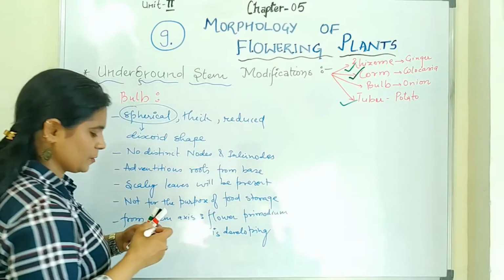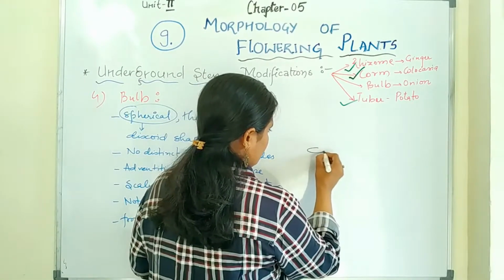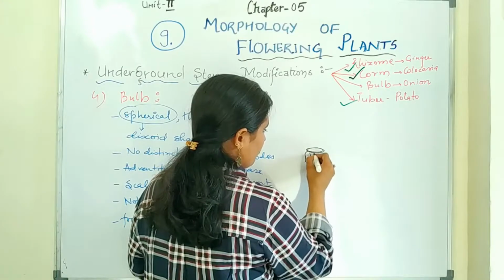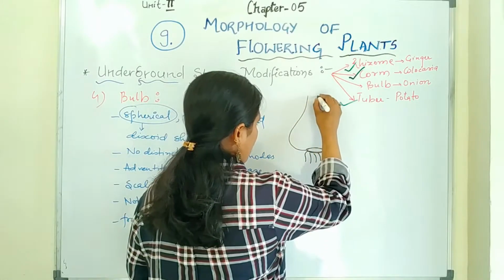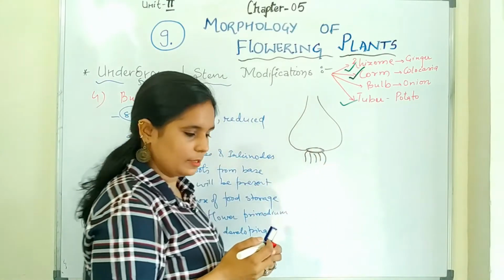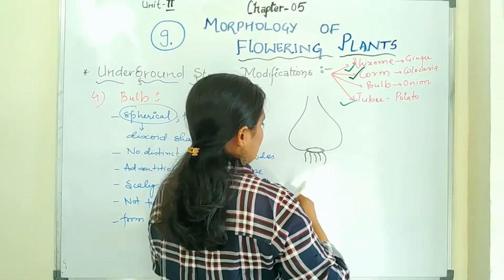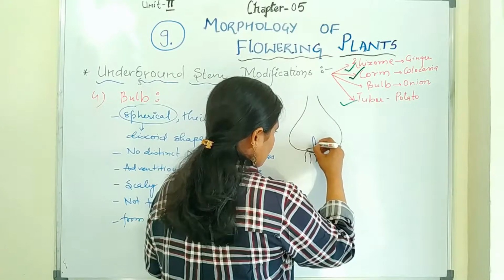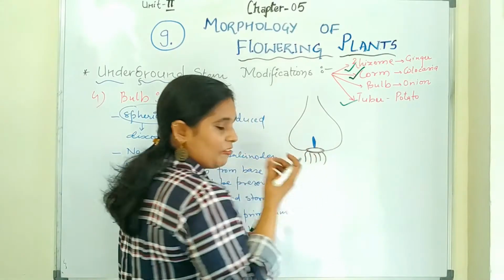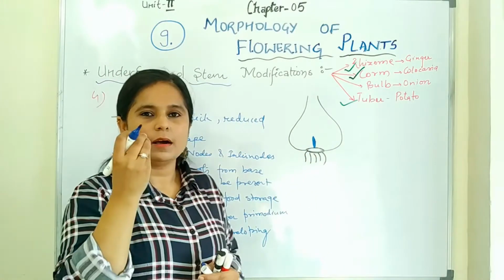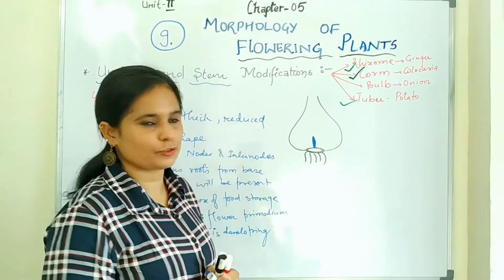Let me explain with the diagram. This is the discoid stem from which adventitious roots are coming out. This is the outer layer, and here from the stem axis you will see the flower primordium, a very minute modified structure which helps in formation of flower.